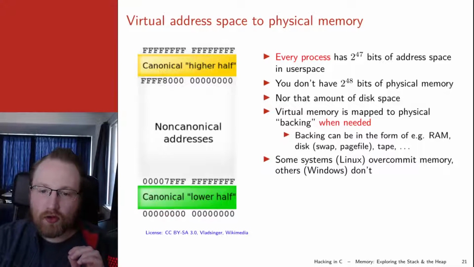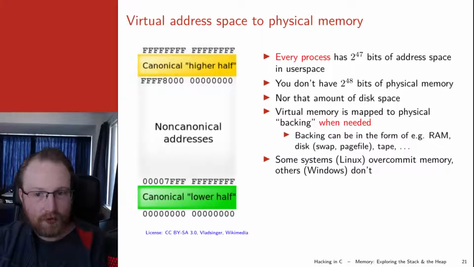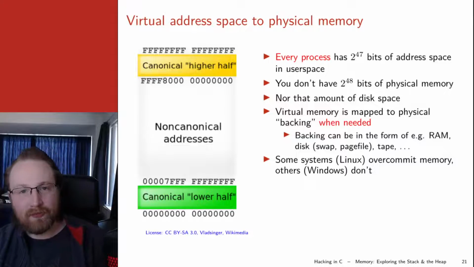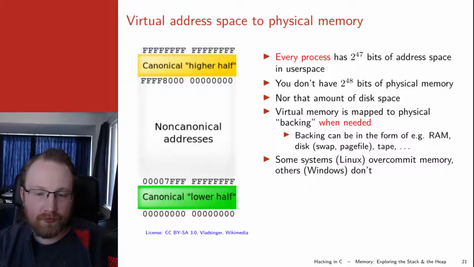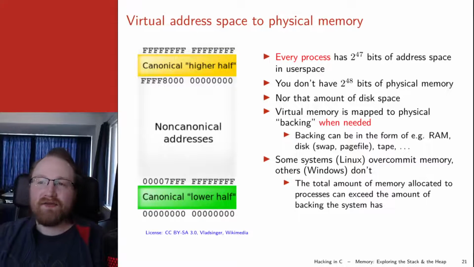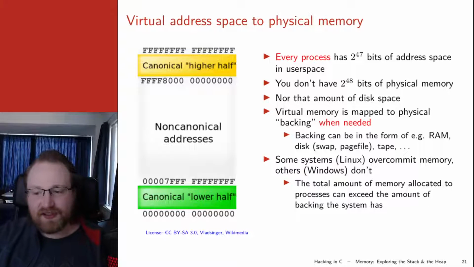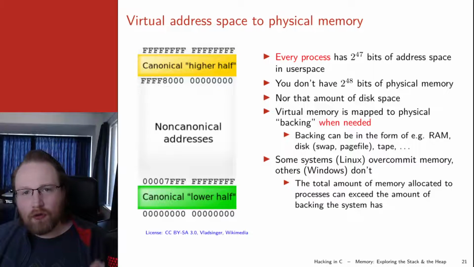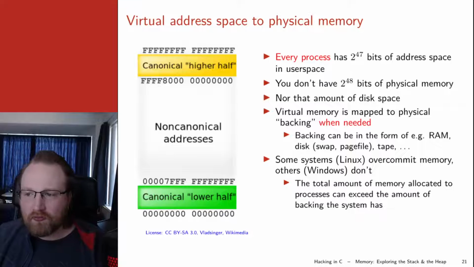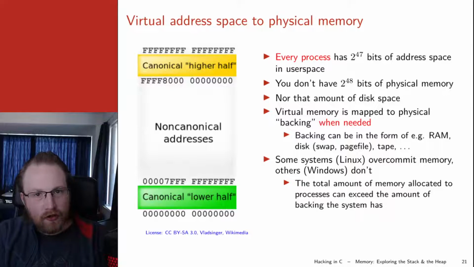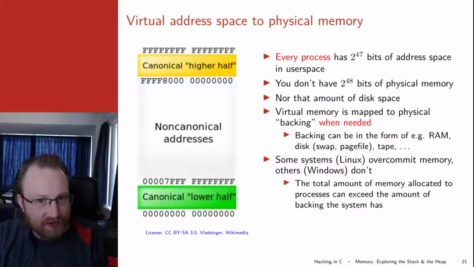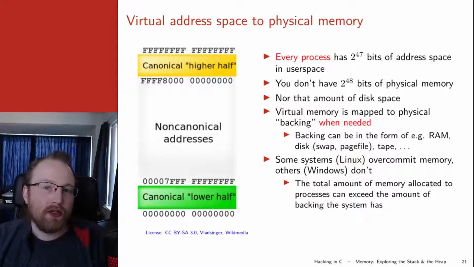Now, some systems actually overcommit memory. So Linux overcommits, Windows doesn't. What does overcommit mean? Well, if you basically tell all the programs that live on the system that there is more memory available than you would be able to actually back when all the processes use the memory they asked for.